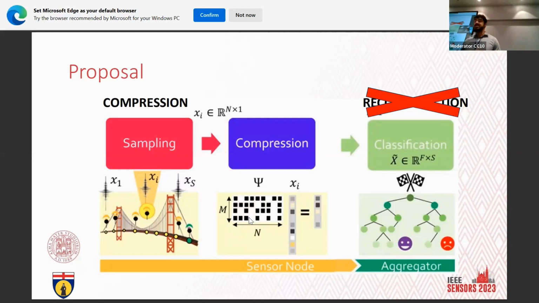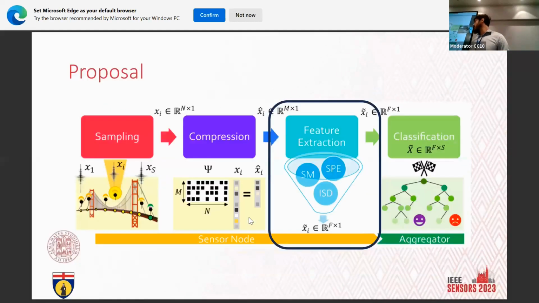In this way, we can test another thing. We can try to compress more. I mean, we cannot reconstruct the original data, but if you are good enough in maintaining the important information, we can classify the data correctly, even sending less information. This is the key point of this work.